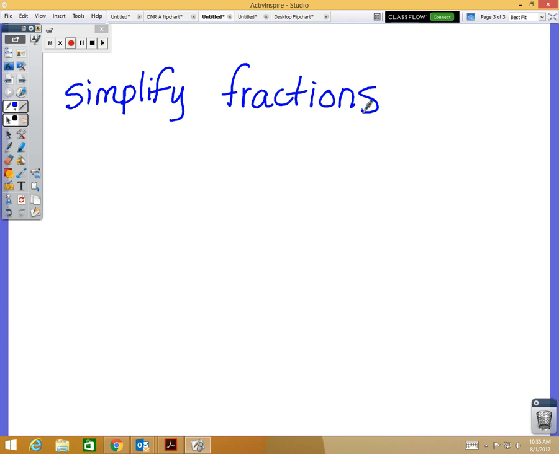So now let's review, how do you simplify? Let's do one that's pretty easy, 5/15. How would we go about simplifying this? What is your thought process? Don't just tell me the answer, your thought process. 5 divided by 15.